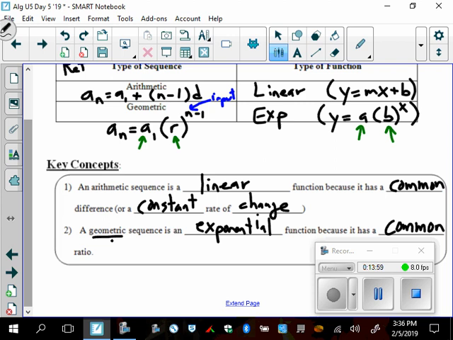The main thing we want you to pull from today is geometric is a pattern where there's multiplying, where arithmetic is an adding problem.